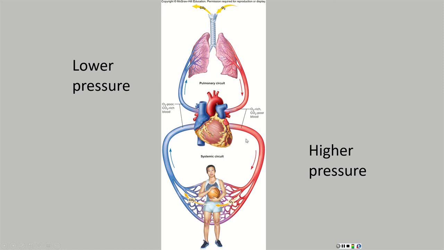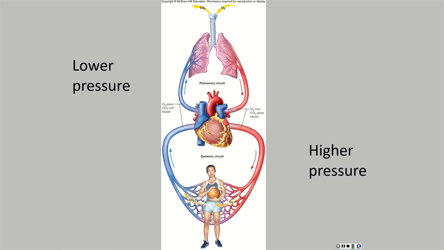And its function is to deliver oxygen and nutrients to the body and to pick up carbon dioxide and waste and bring it back to the heart. The pressure here is much higher because the blood is being pushed by the left side of the heart off to the body.